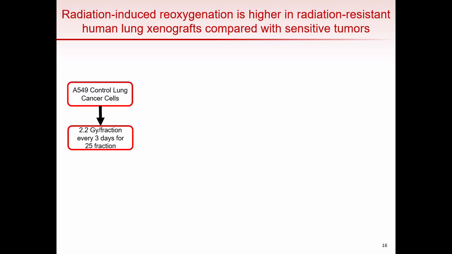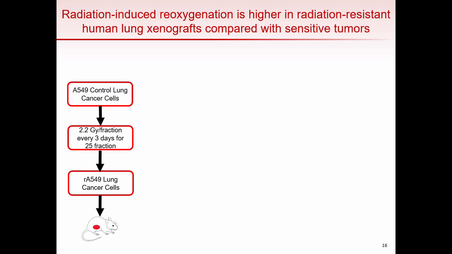After 3 days, we repeated the same procedure, which caused more cell death. We continued this process for 25 fractions, and that is how we ended up with a radiation-resistant model of this cell line.